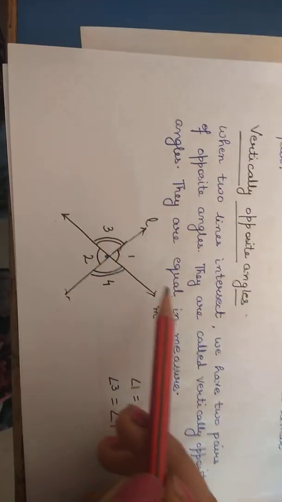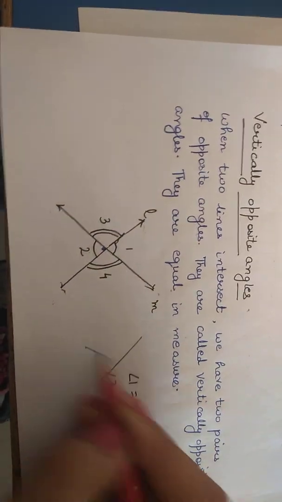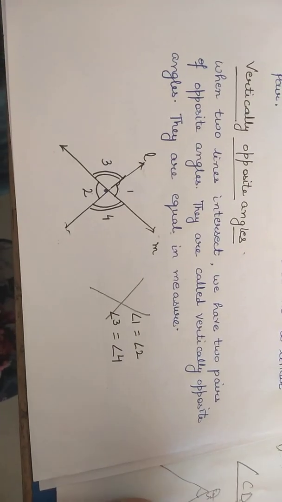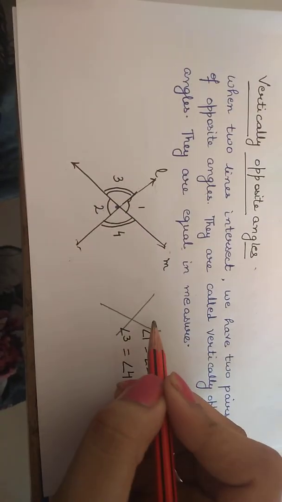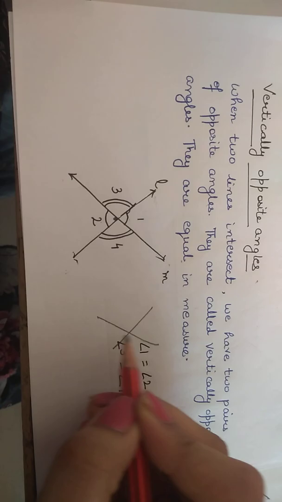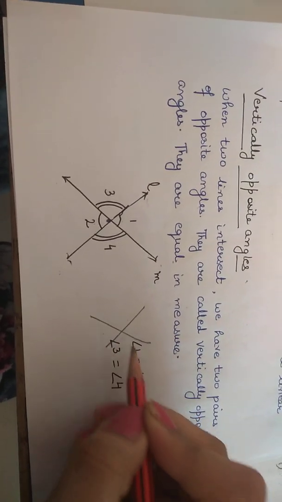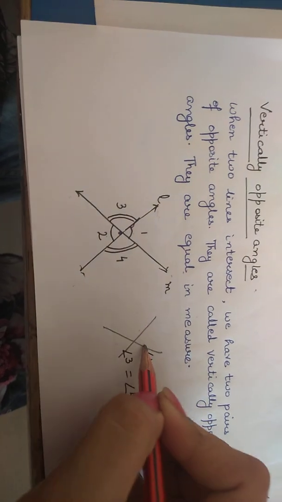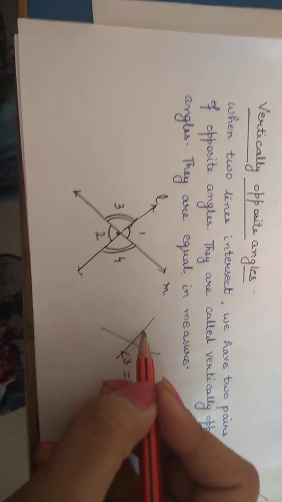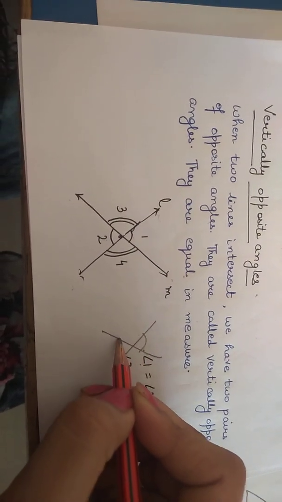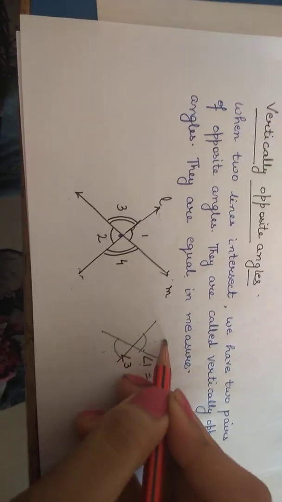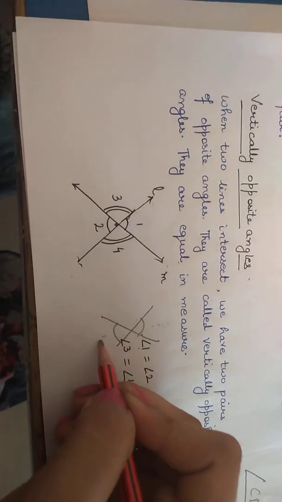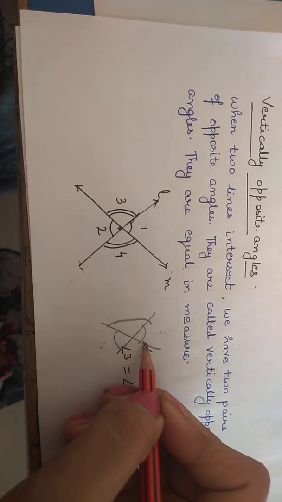Whenever we have two intersecting lines, we have four angles. This angle, that angle, this and that. There are four angles. Now you can see that these are opposite angles, and these are also opposite angles.